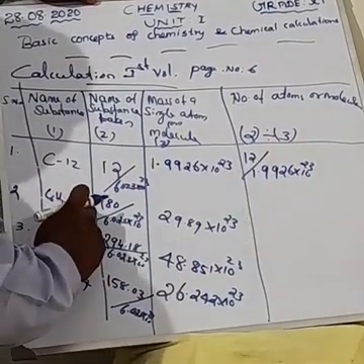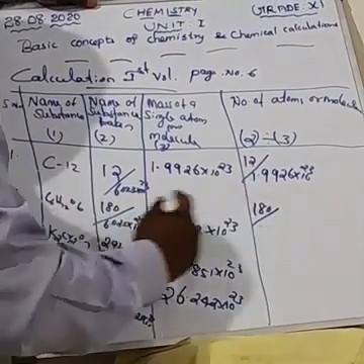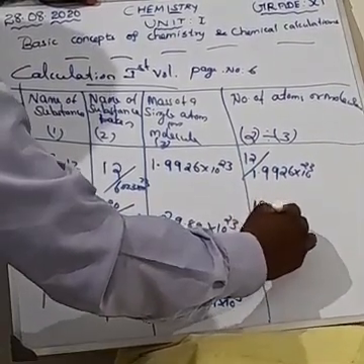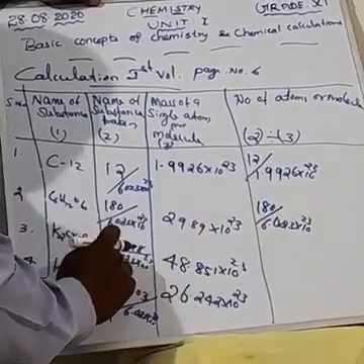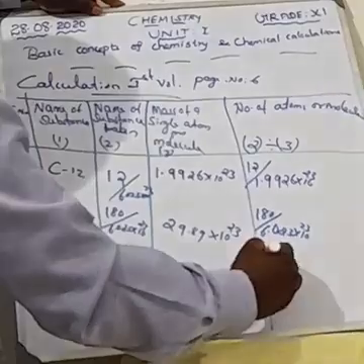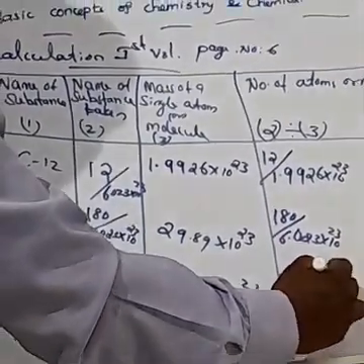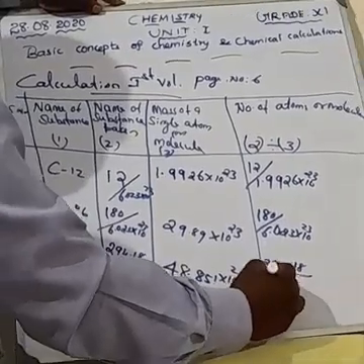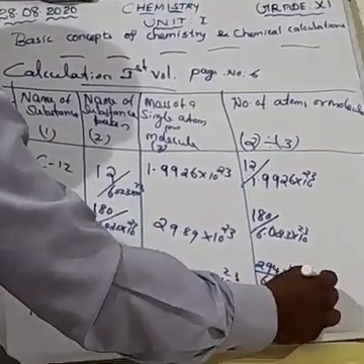And also 180 divided by 6.023 into 10 raised to 23. And also 294.18 divided by 6.023 into 10 to the power 23.